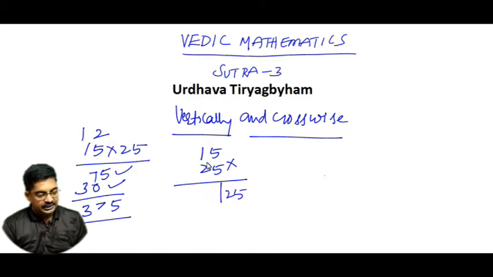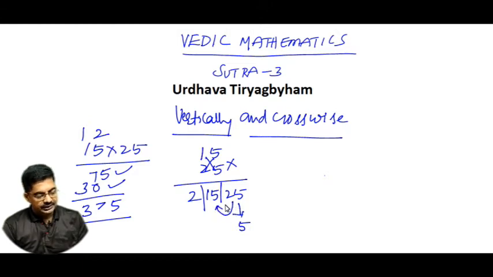Then for the second digit, multiply crosswise and add them: 5 2s are 10, 5 1s are 5, 10 plus 5 is 15. Now the third digit will come by multiplying the leftmost 2 digits: 2 into 1, 2.